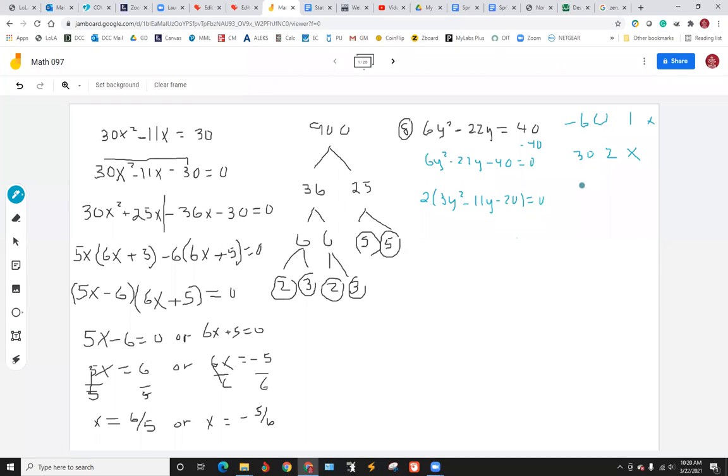Let's say 15 and 4 seems to be the pair. Okay, 15 minus 4 is 11. And the 15 has to be negative because that's larger.